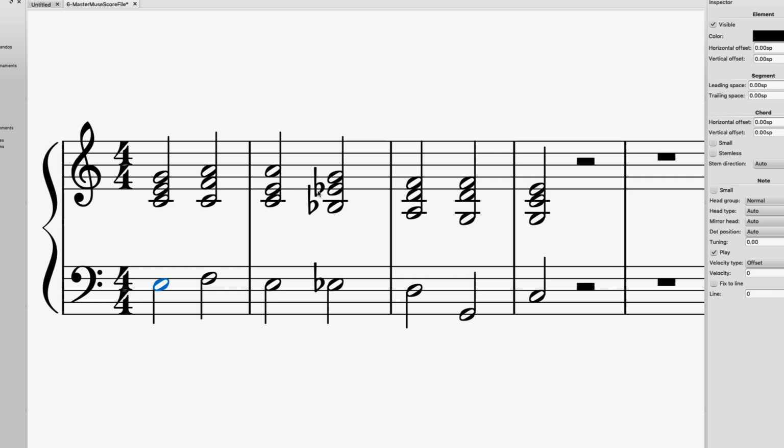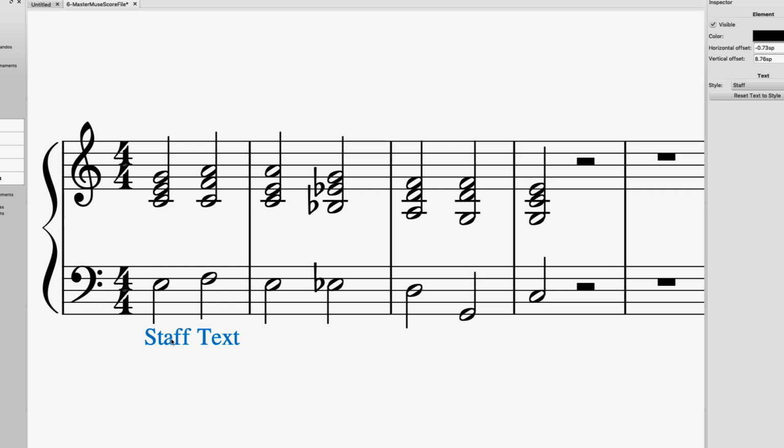So, let's take a quick look. Let's analyze some chords, okay? So let's call this 1, 6. Actually, I'm going to leave off inversions for the moment.